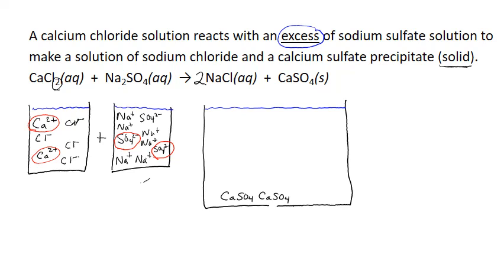A solid would typically be at the bottom of the beaker, so I'm going to show that as kind of a lumpy solid here at the bottom of this container. And that takes care of all the calcium ions in the original solution, plus 2 of the sulfates.